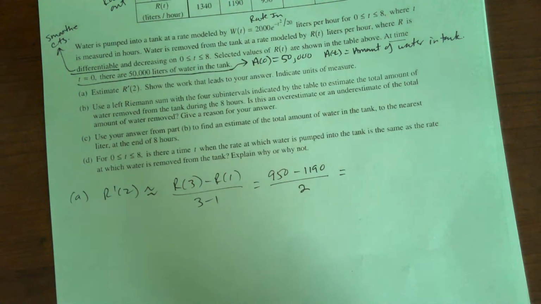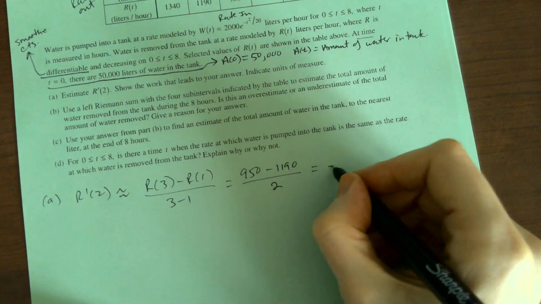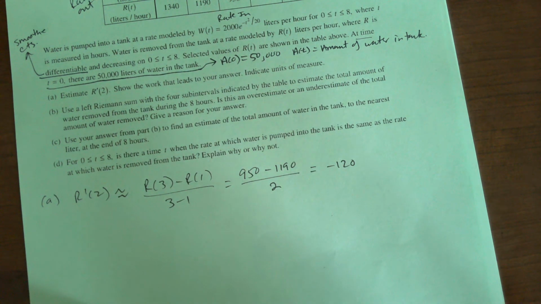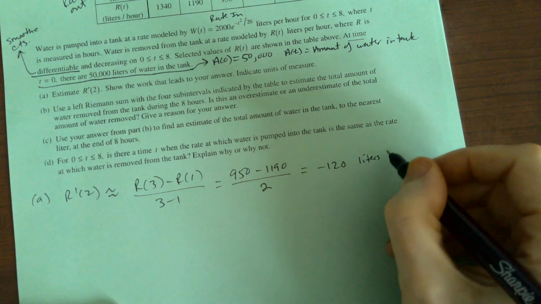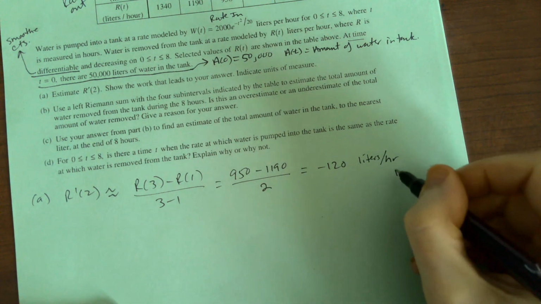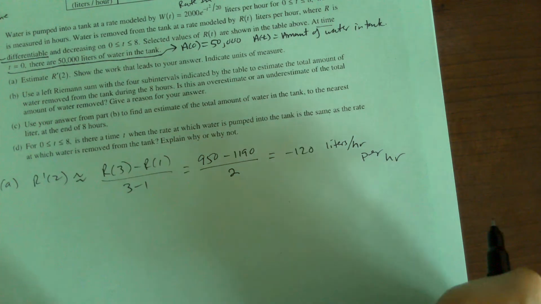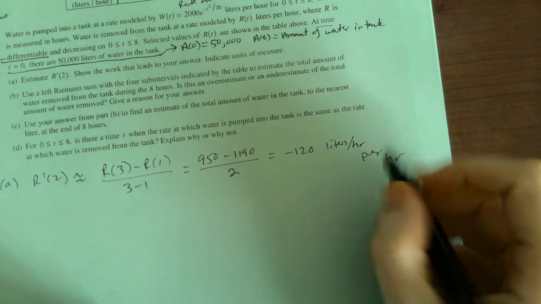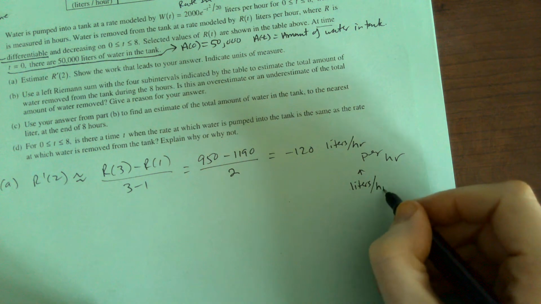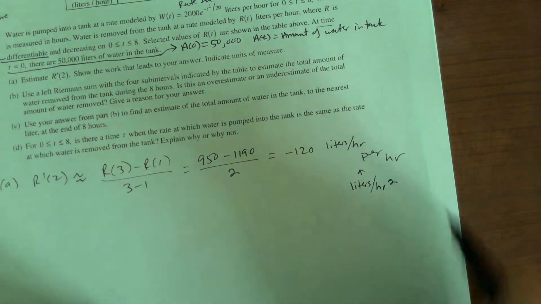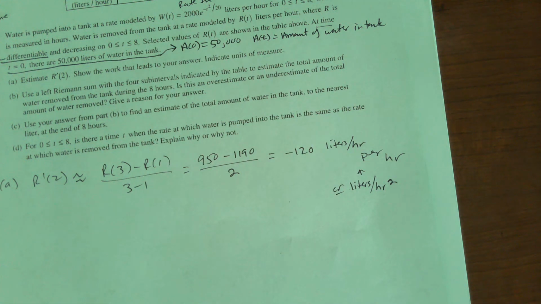And this is a calculator section, so type that in your calculator: negative 120. Now R is in liters per hour, so this is liters per hour, per hour. And guys, especially those of you who are in physics, this is another way of saying liters per hour squared. So you could say that also, or.